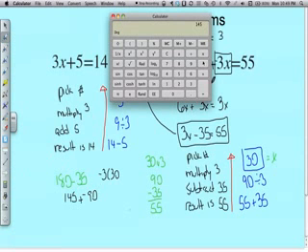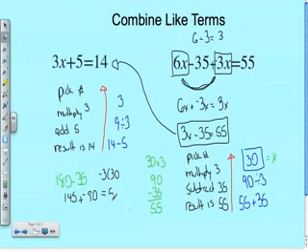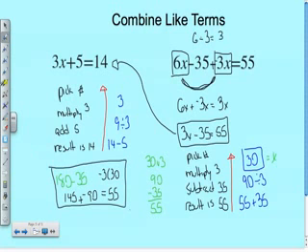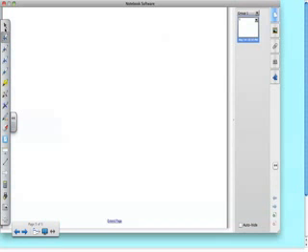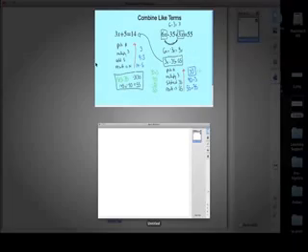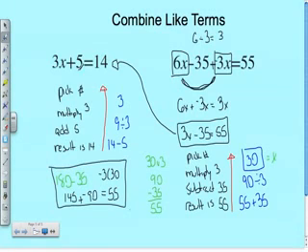Again, I can test that out right here. I have 6x minus 35 plus negative 3x equals 55. Well, what's 6 times 30? That will give us 180 minus 35.